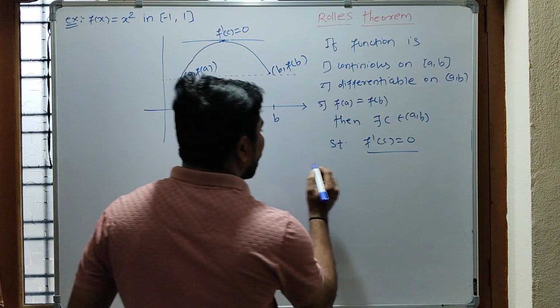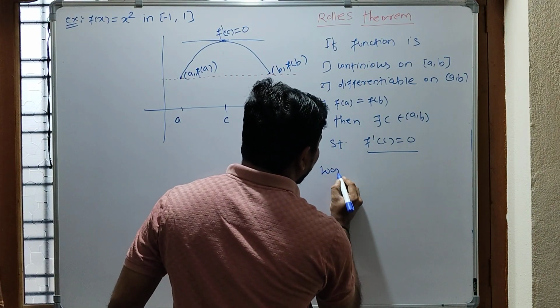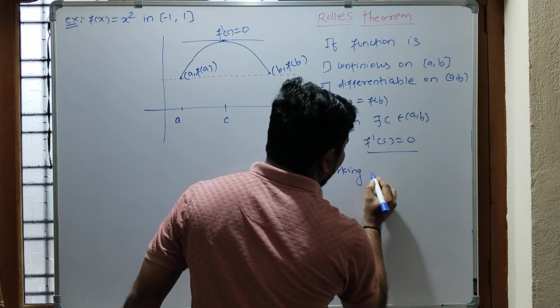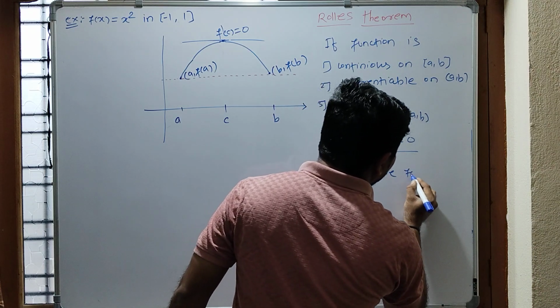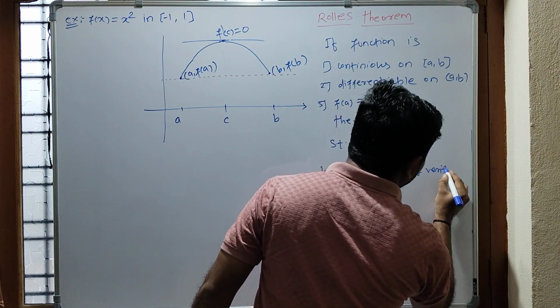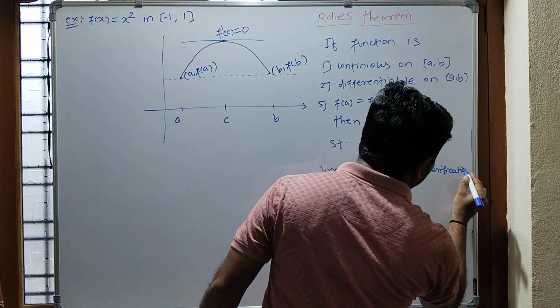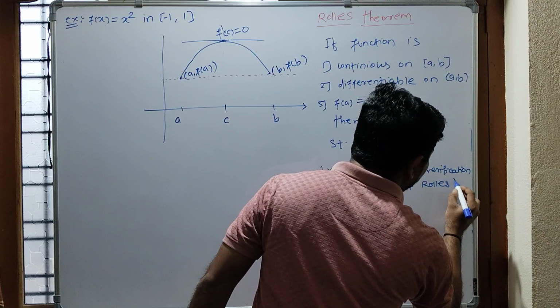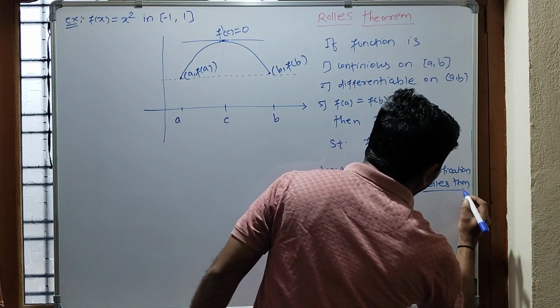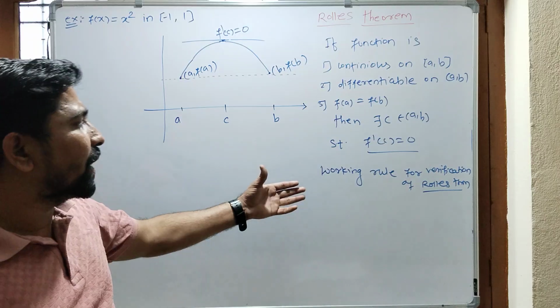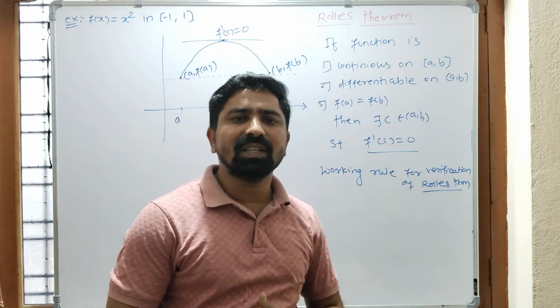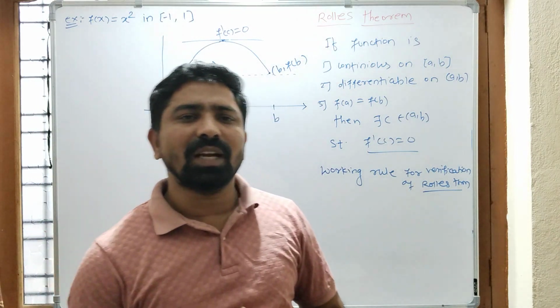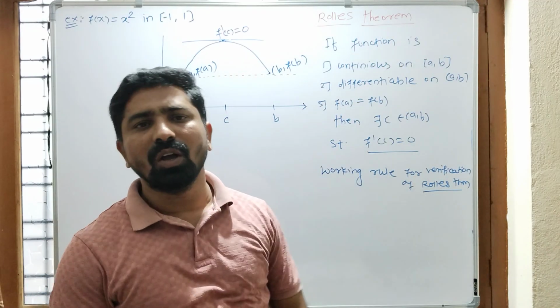Here I will write the working rule for verification of Rolle's theorem. What is the working rule for verifying Rolle's theorem, that is, when do we say the given function satisfies all the conditions of Rolle's theorem?